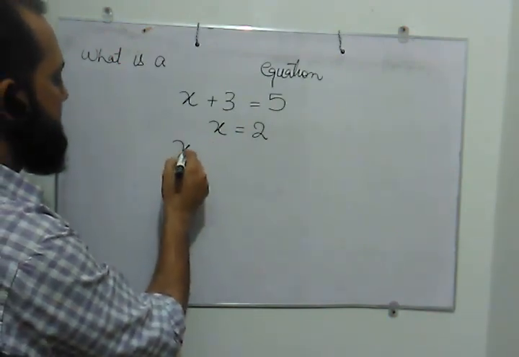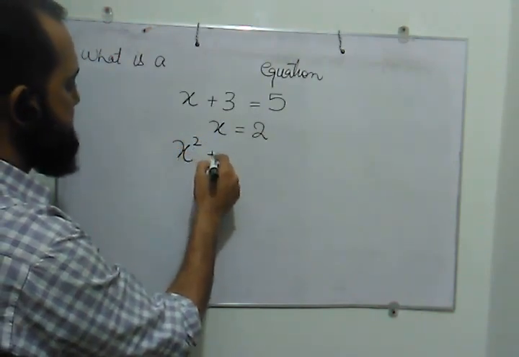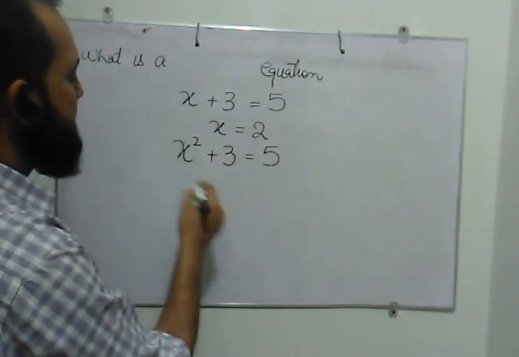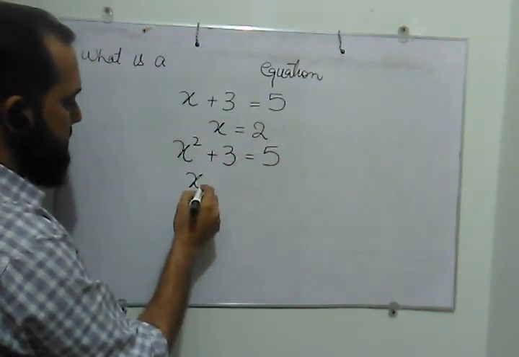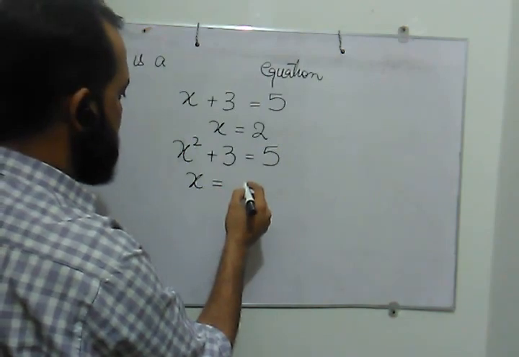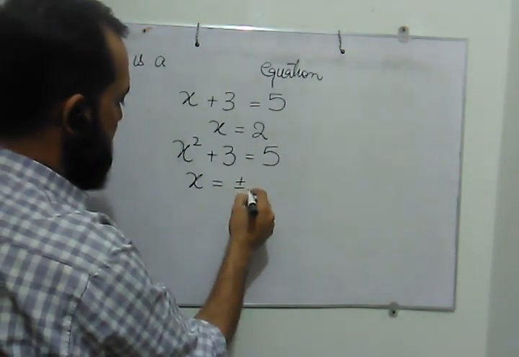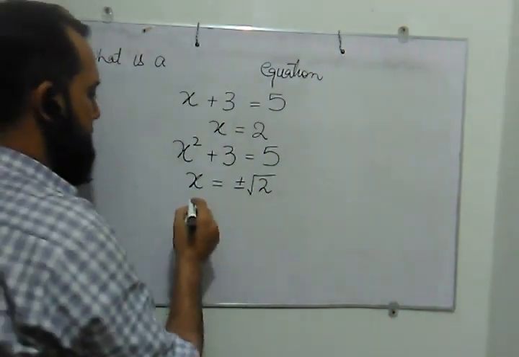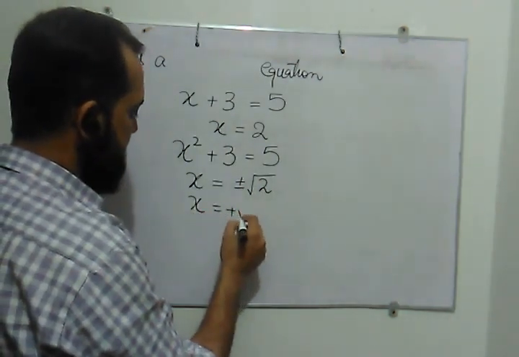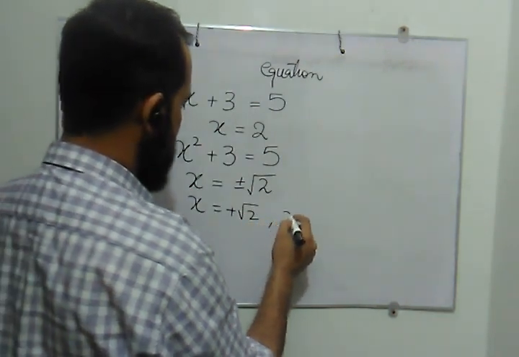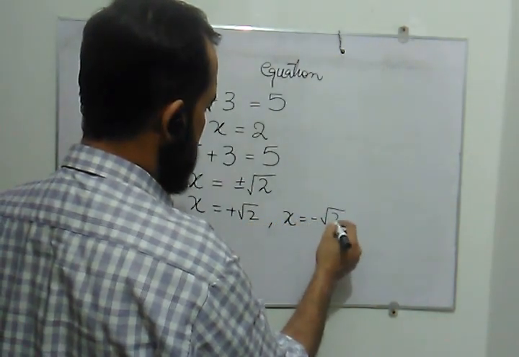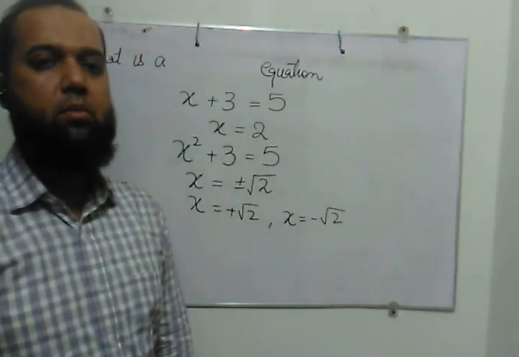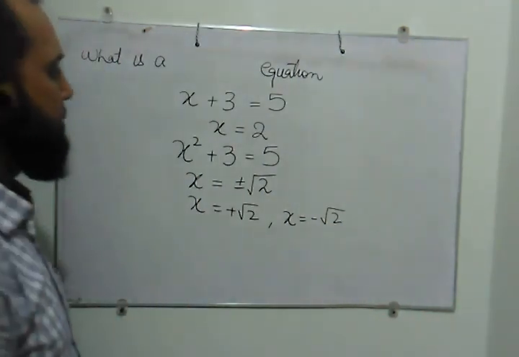If we have, for example, power 2, then we have 2 values of x. So depending on the power of the variable, we have the values of the equation.